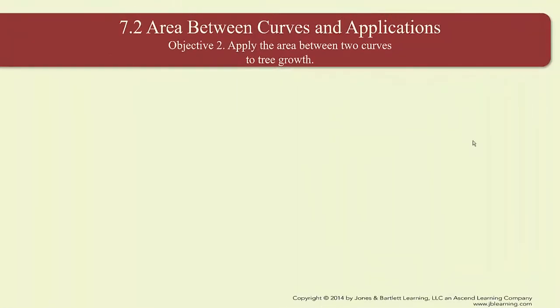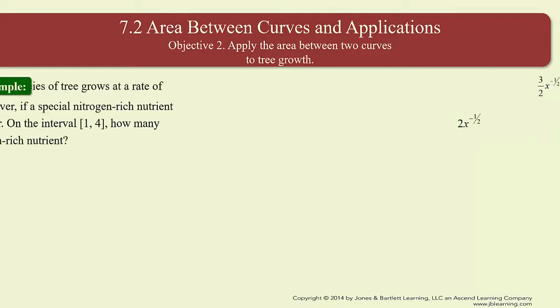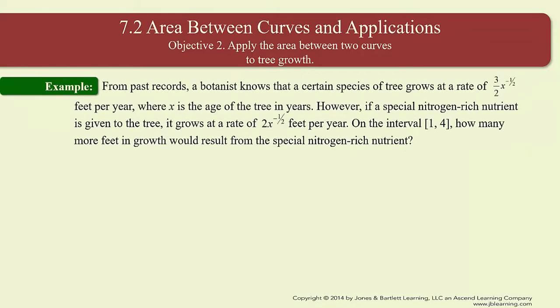All right, after working through that example and doing number 21, hopefully you see this isn't too bad. So let's look at an application. From past records, a botanist knows that a certain species of tree grows at a rate of 3/2 x to the -1/2 feet per year.